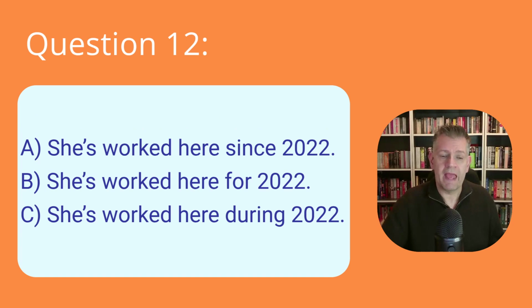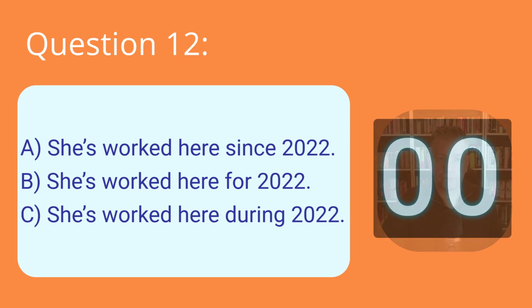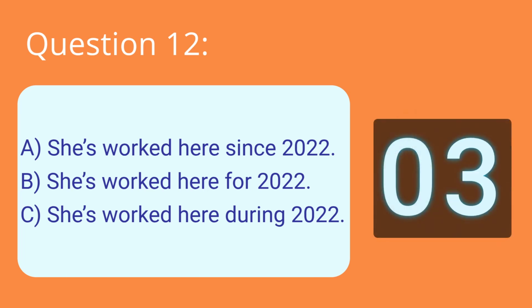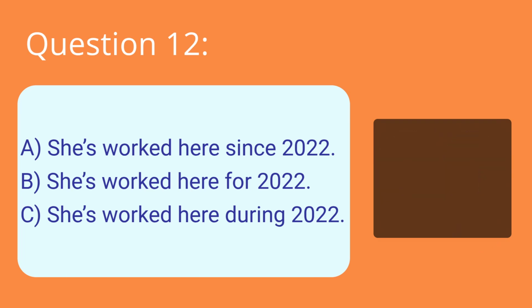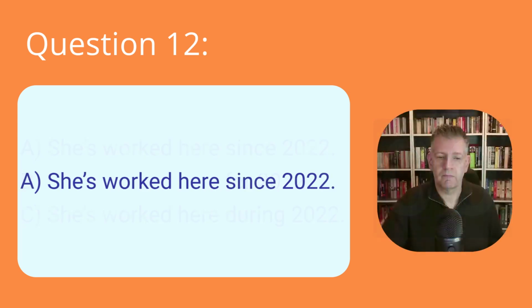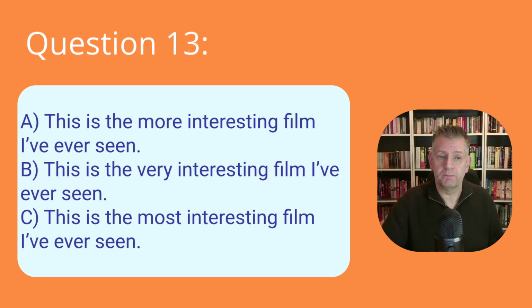Question 12. A, she's worked here since 2022. B, she's worked here for 2022. Or C, she's worked here during 2022. The answer is A, she's worked here since 2022.